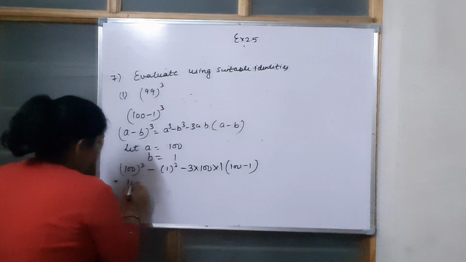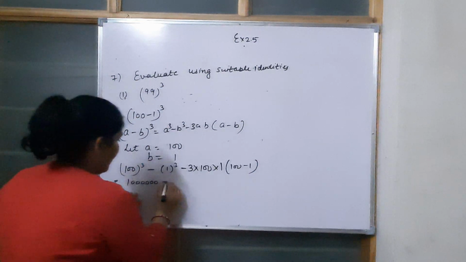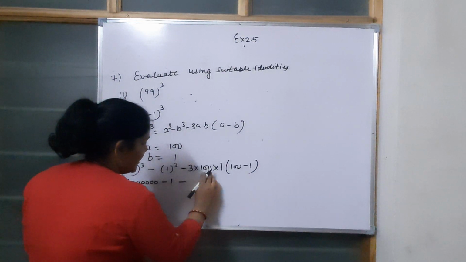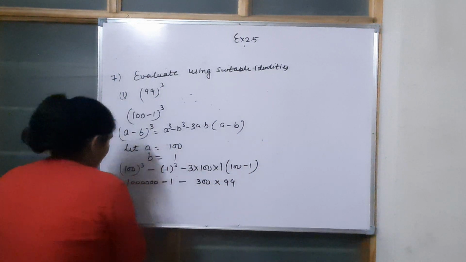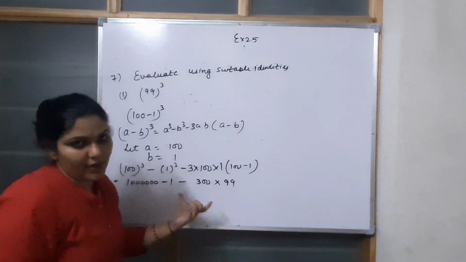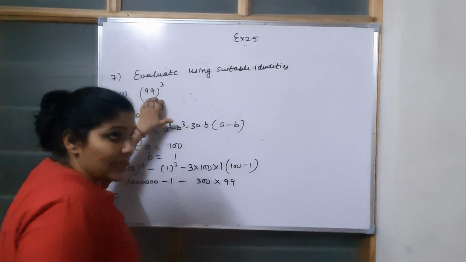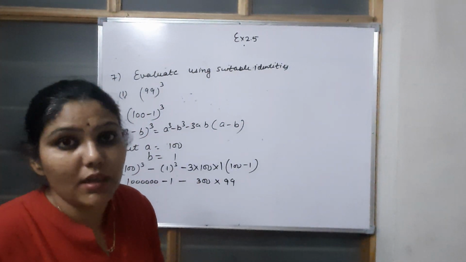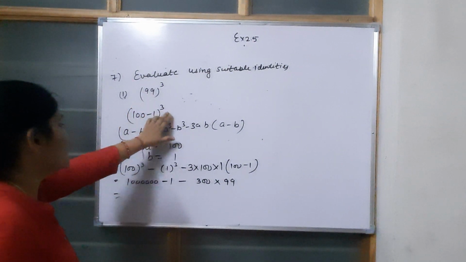Now 100 cube will be what? Just look here, this is 100 cube. Now minus 1. 3 into 100 is 300. 100 minus 1 is 99. So now when you solve this, you will get the answer. Again, I am telling you, we have to apply the identity to evaluate. We just need to find the value. So 99 cube can be written as (100 minus 1) whole cube.